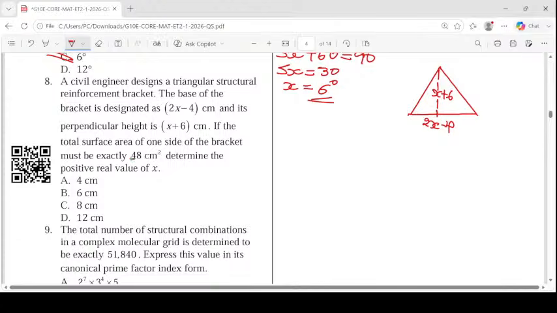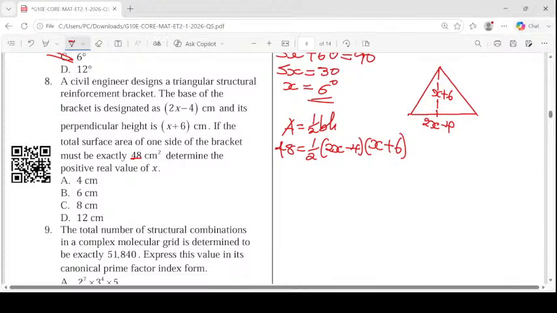But one of the areas must be this. So how do we get the area of a triangle? Area is given by a half multiplied by base multiplied by the height. So the area, which is 48, is equivalent to a half times the base, which is 2x minus 4, times the height, which is x plus 6.